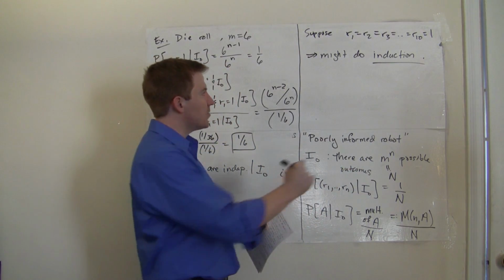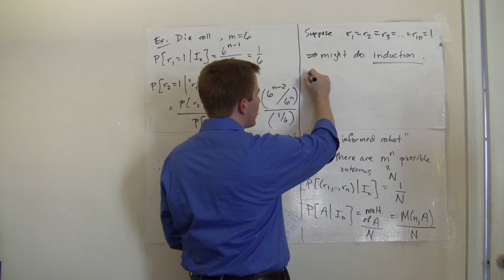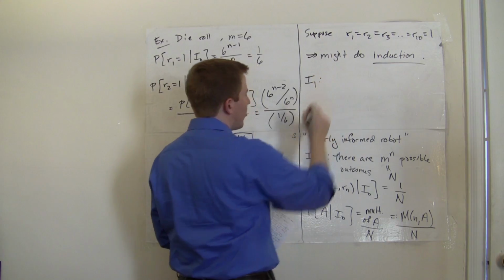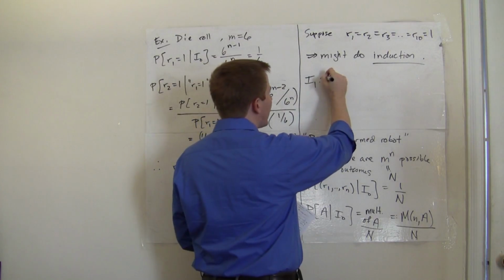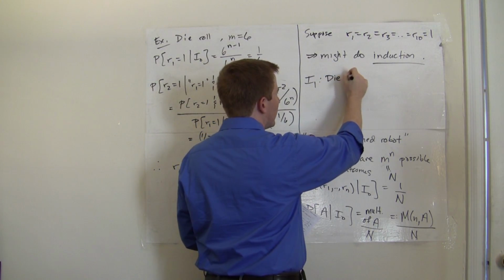So maybe at one extreme, we have background information I1, which is that we know for a fact that the die is fair.